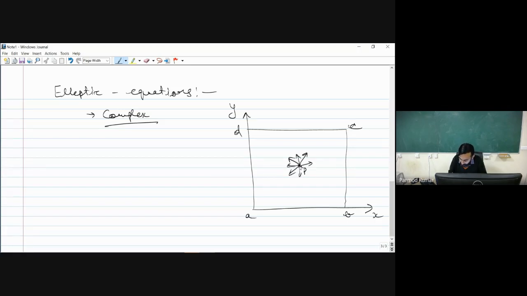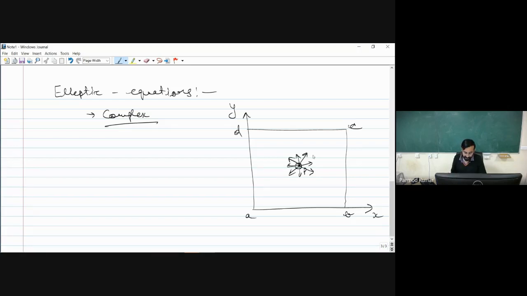So information will be uniformly propagating in all directions, and if I perturb any property at point P, its effect will be felt in each and every direction. Moreover, with elliptic equations, the propagation of the property in all directions will be at a very, very rapid rate.